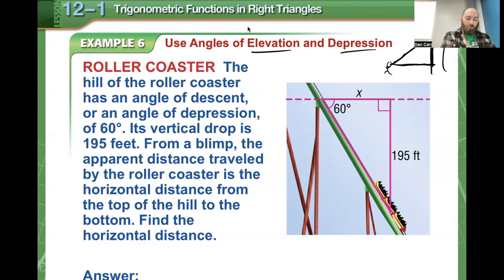Here's the idea. If I were to draw a straight horizontal line like that, this is the angle of depression. So that is referring to this person's version as they look down.